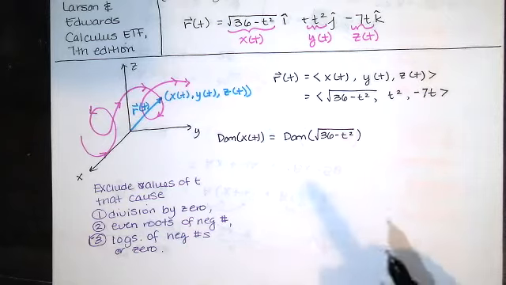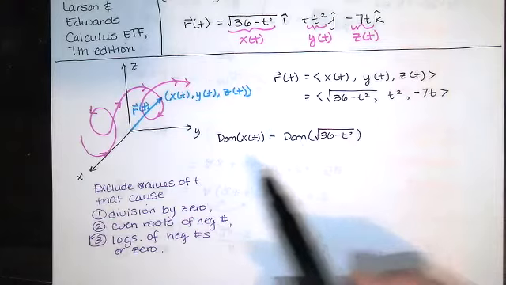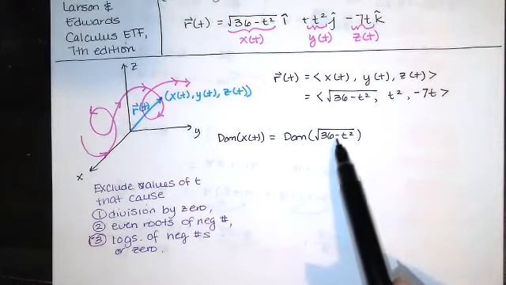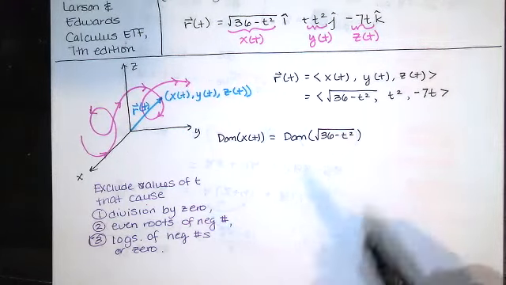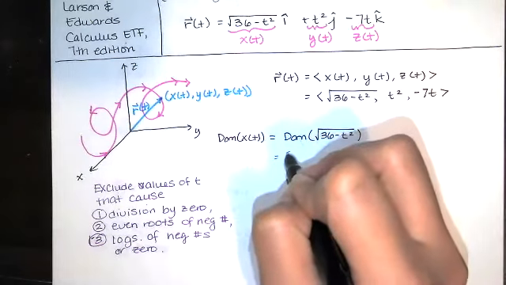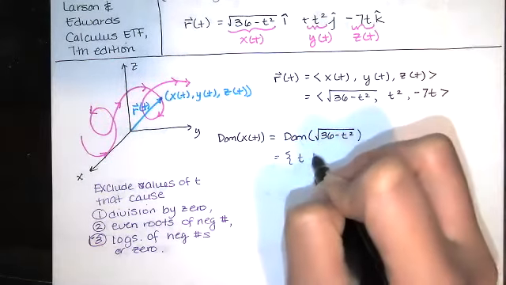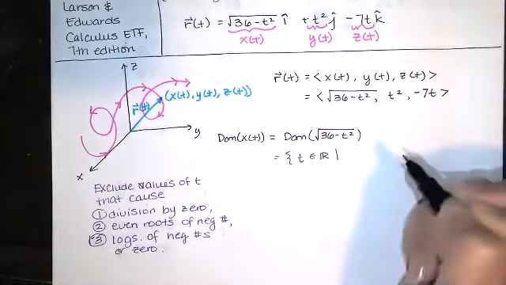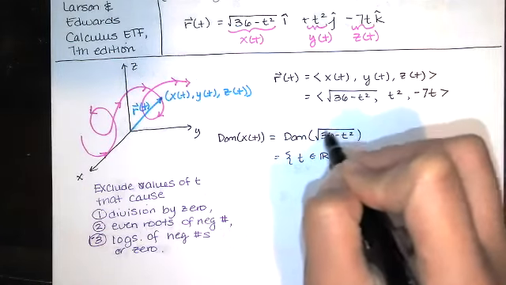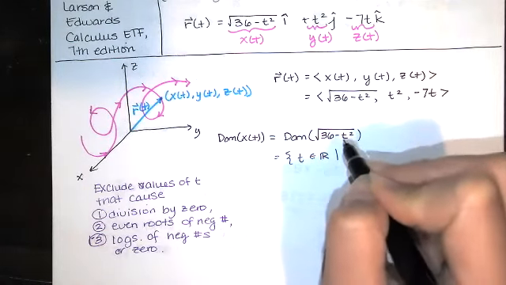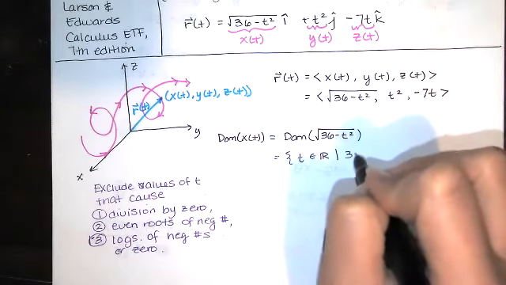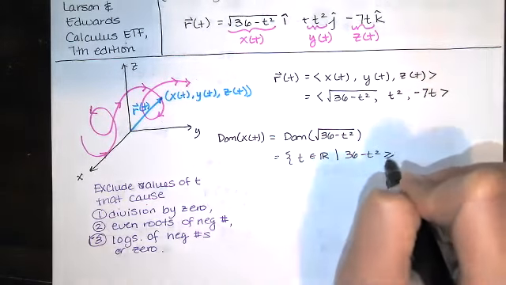And I don't have to worry about logarithms of negative numbers or 0 because there's no logs. But I can't take the even root of a negative number. So that means the domain is going to be the set of all real numbers t, such that this expression under the radical, so that's the number inside that square root, is greater than or equal to 0.